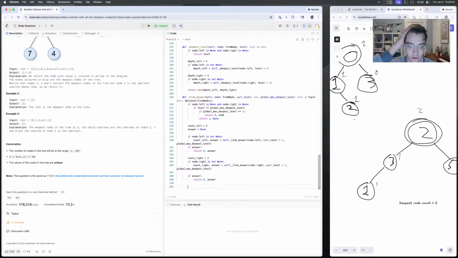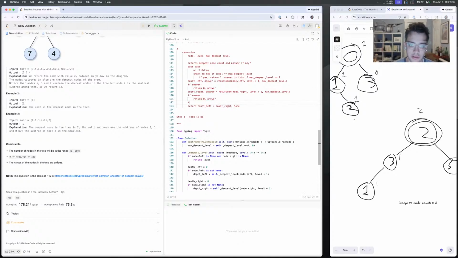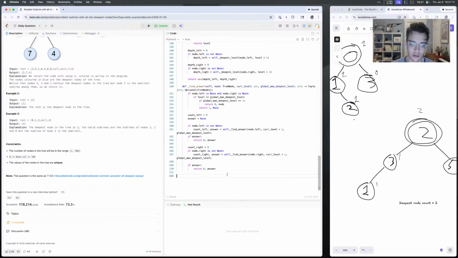So we don't have the answer, but we need to check if we are the answer. What did I call it? I missed this. Check if we are the answer.